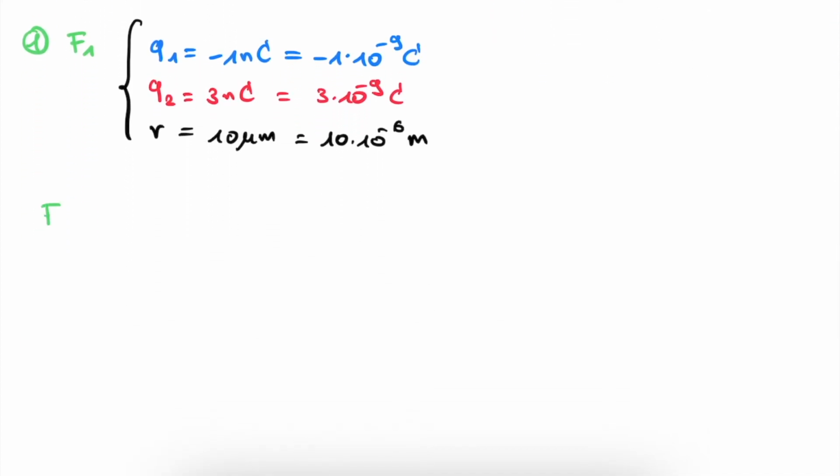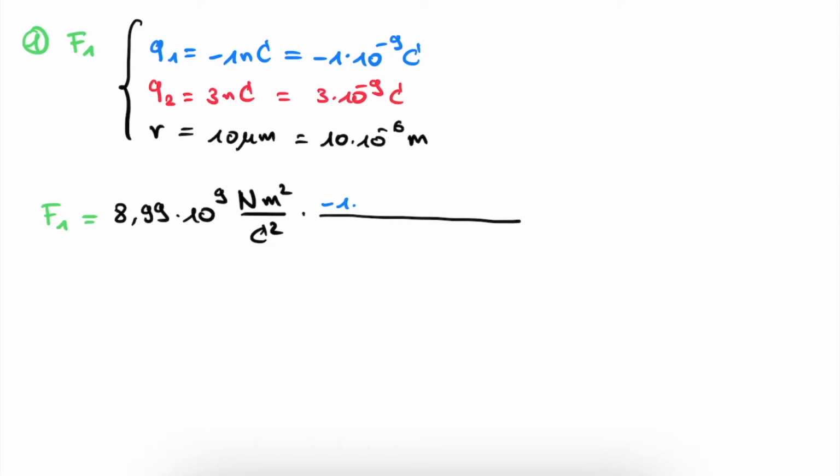So we know that F1 will be equal to this conversion factor, so 8.99 times 10 to the power of 9 newton meter squared divided by coulomb squared, multiplied by this fraction. And in the numerator, we have the product of our 2 charges. So -1 times 10 to the power of -9 coulomb, multiplied by 3 times 10 to the power of -9 coulomb.